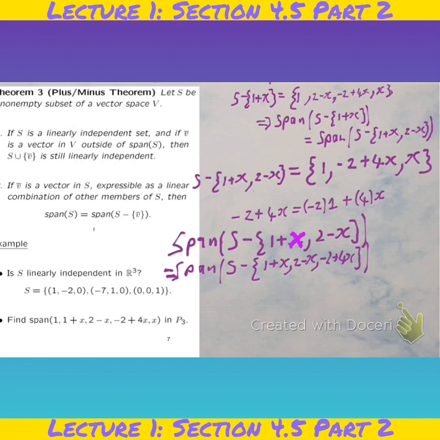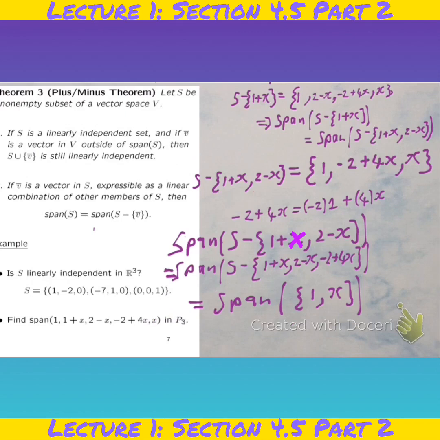And that is basically the same as the span of this set. The only two remaining vectors are the vector 1 and x. Now the question is, can I express x as a linear combination of 1, or 1 as a linear combination of x?